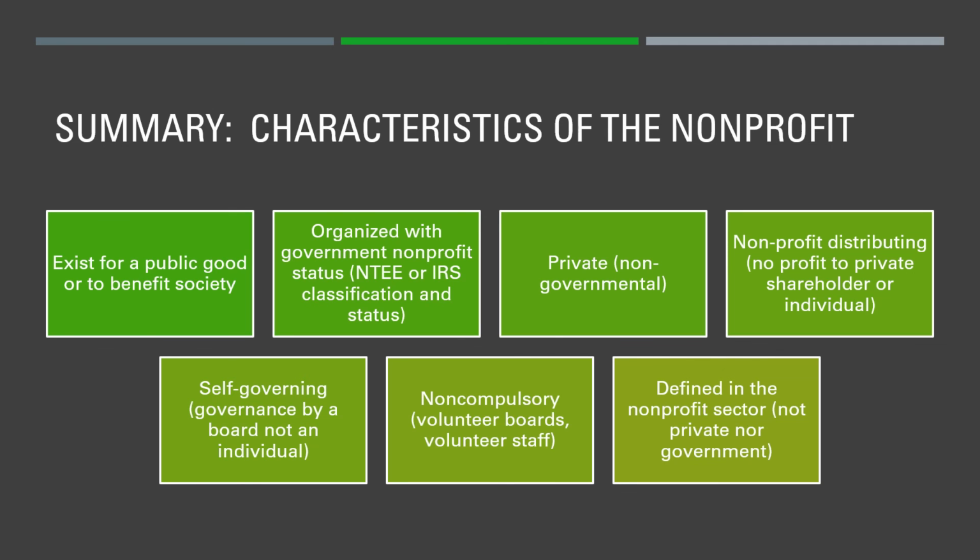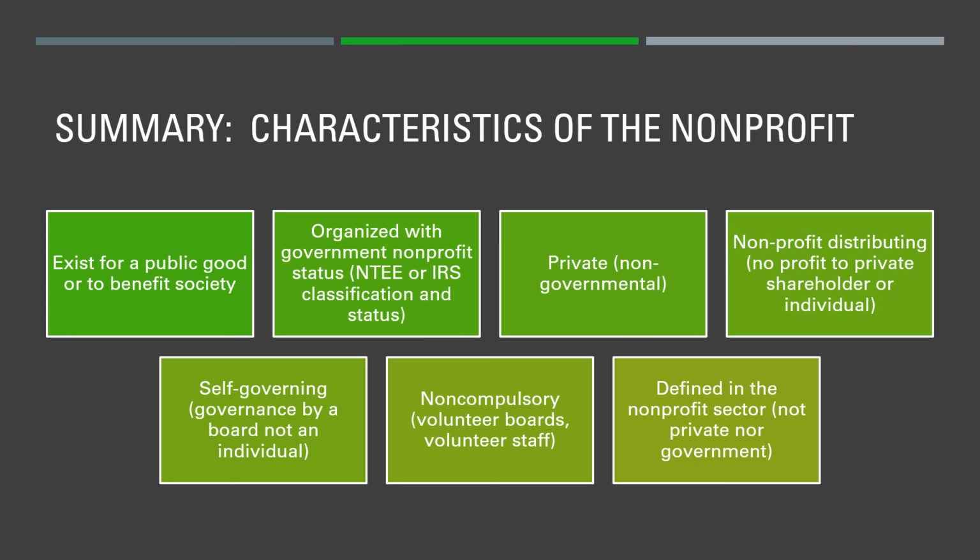So, we've come to the end of this learning opportunity about nonprofits. Here's a summary of the characteristics of nonprofit. Make sure you're existing for a public good or a benefit of society. Make sure you use either NTEE or one of the IRS classifications for your nonprofit. Make sure that your organization is private, non-governmental.